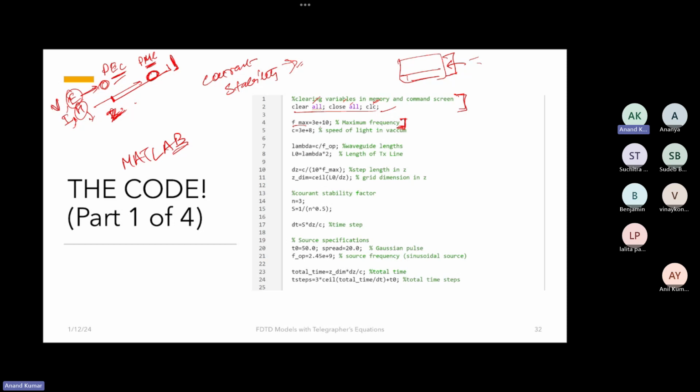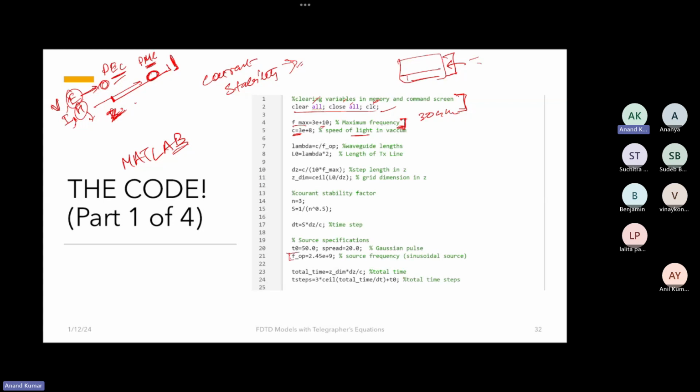I have decided to keep this as 30 gigahertz, and then we have assigned the c variable as the speed of light in vacuum.